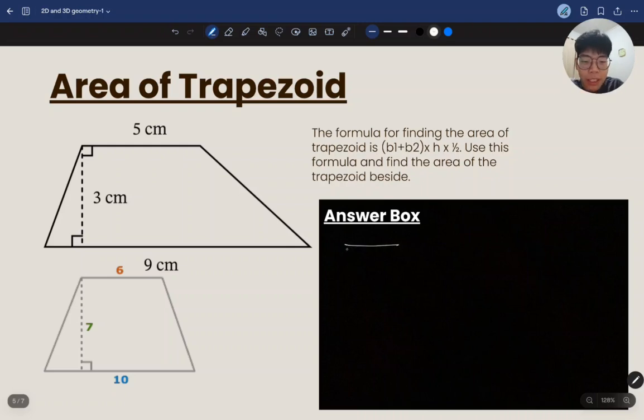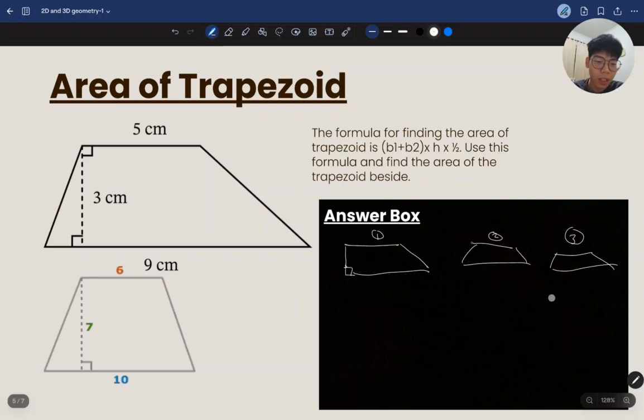So a trapezoid has 3 different shapes. Number 1 is this. Number 2 is this. And lastly, number 3 is this. The first one has a right angle. The second one has a right angle on this side.